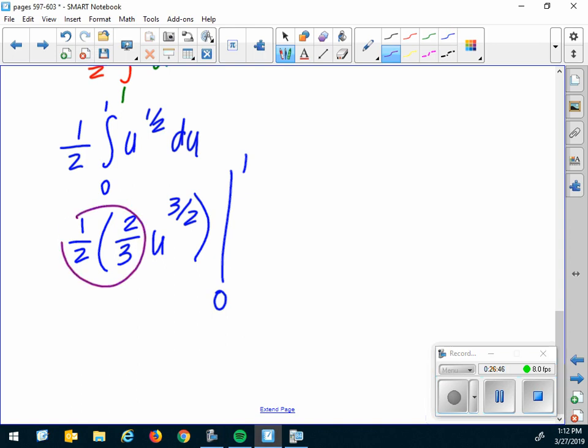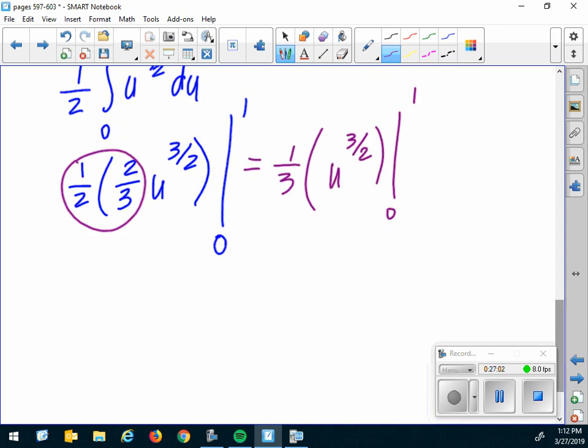I'm going to go ahead and multiply these together. So this is 1/3 times u to the 3/2 evaluated from 0 to 1. So this is 1/3 times, remember I'm going to evaluate this at 1 minus evaluate this at 0.